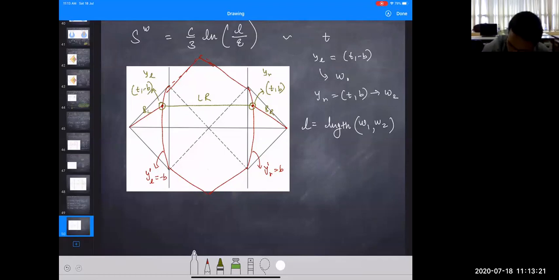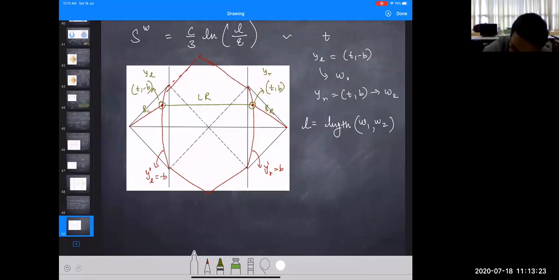So all you had to do was take these points y of t comma minus b and y of t comma b, transform them to w's, and find out what is the length between these two points w1 and w2, and you'll basically see that the length of this bridge keeps on growing exponentially. So this L has to grow exponentially, then the log formula will automatically give you a linearly growing result.